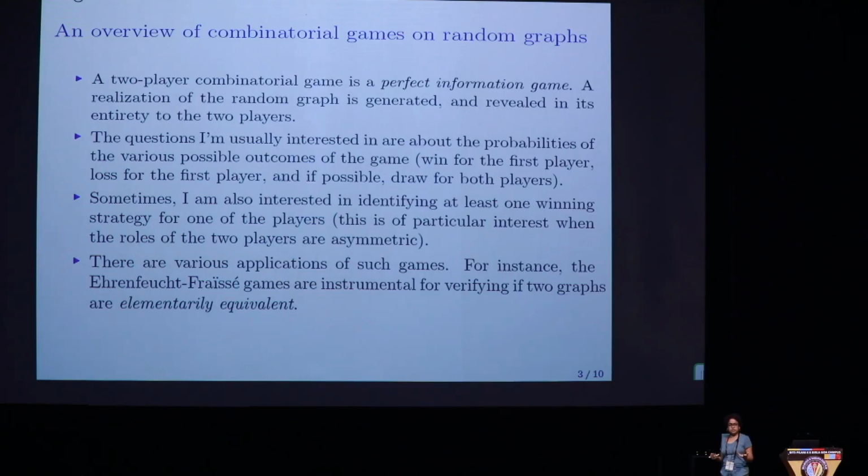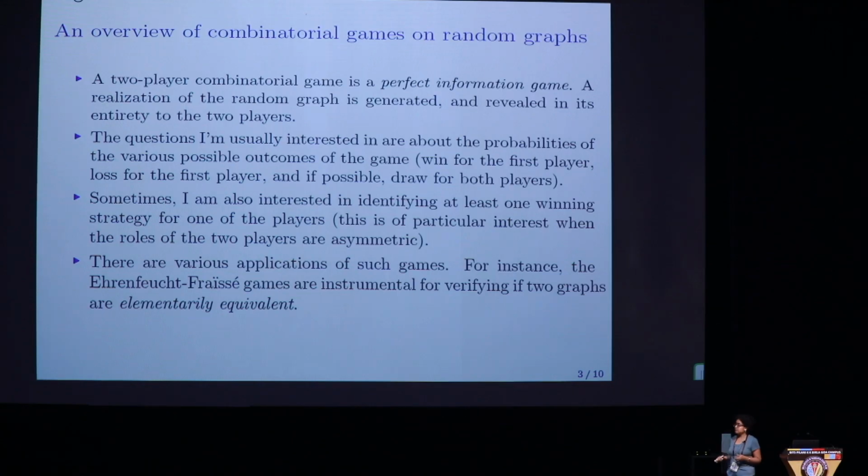It is revealed in its entirety to both players. Although it doesn't sound very practical, it does simplify a lot of mathematical work for us: I assume that the players have infinite foresight. They can really foresee all the strategies that can be used against each other.